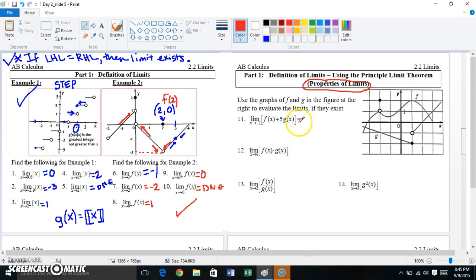Using the limit rules, what is the limit of a sum? It's the same as the sum of the limits. Okay, and I should really have down here x approaches 2.